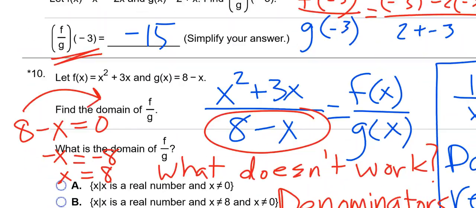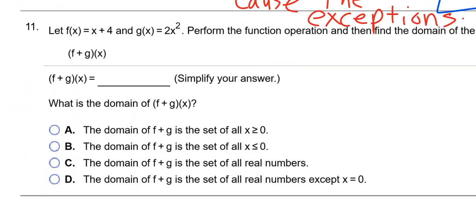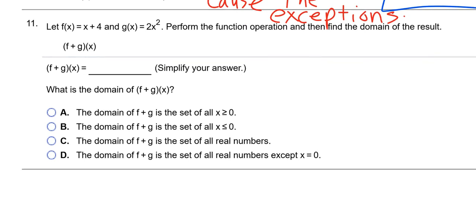So as we go back and start working on these other questions, like number 11, we're going to be looking for denominators. So we're adding f of x and g of x together. What do we get when we add f of x and g of x together?